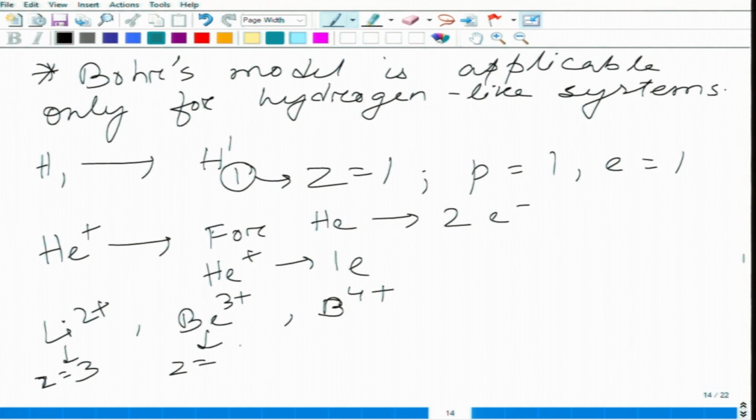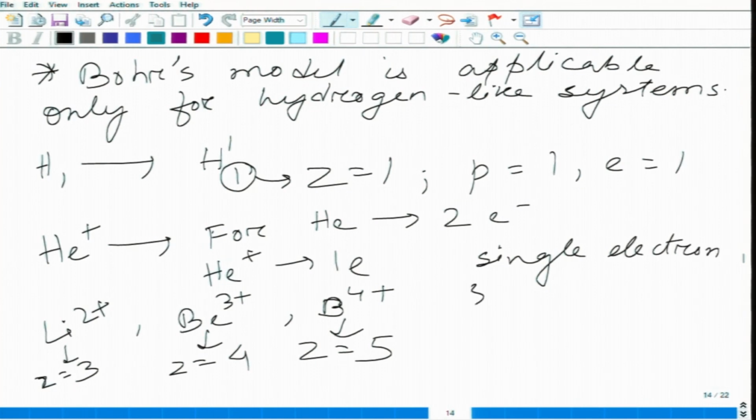Beryllium has atomic number of 4. So, 4 electrons were there initially. 3+ means 1 electron. Boron has an atomic number of 5. So, 4+ means 1 electron. So, this is applicable for single electron species.